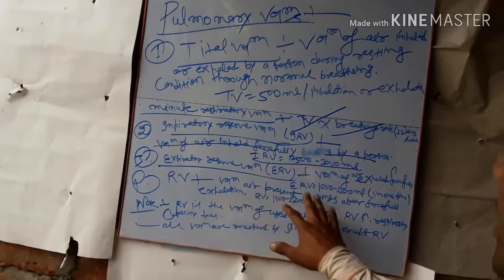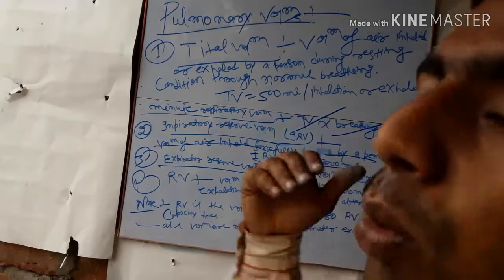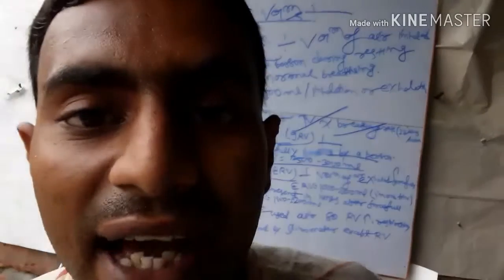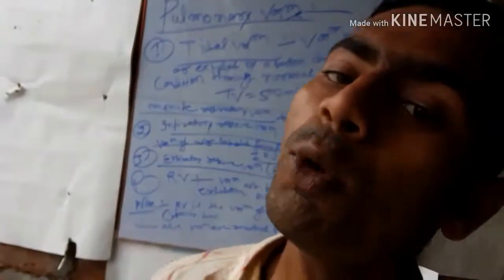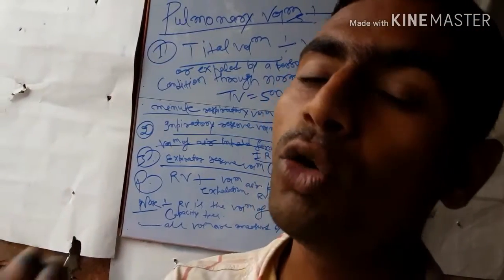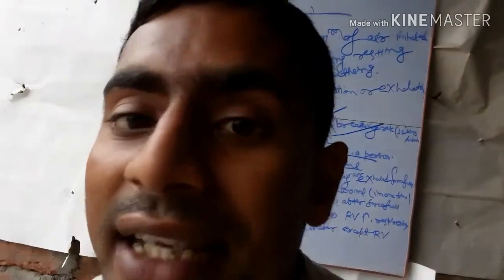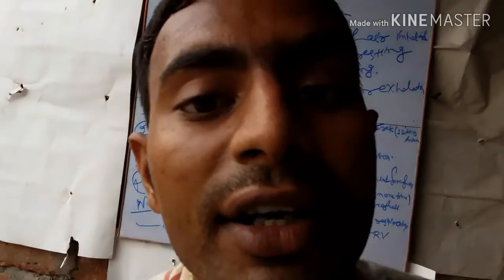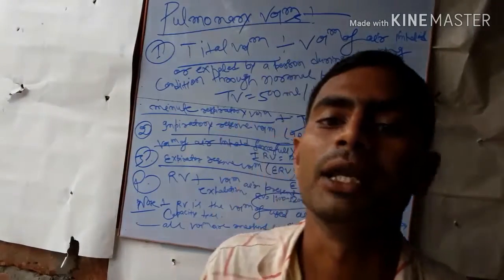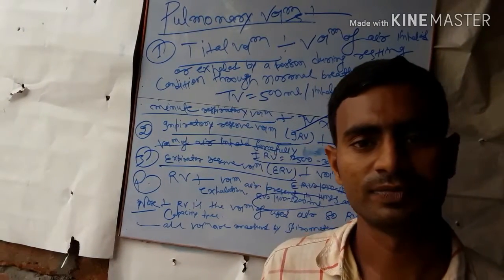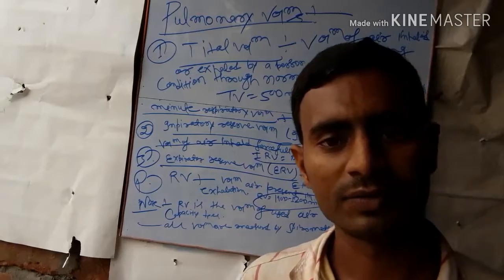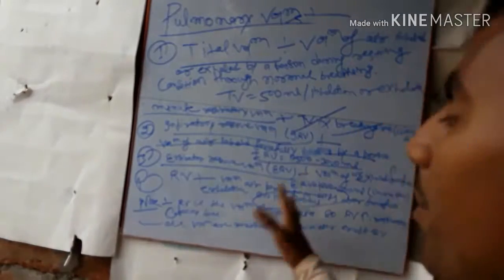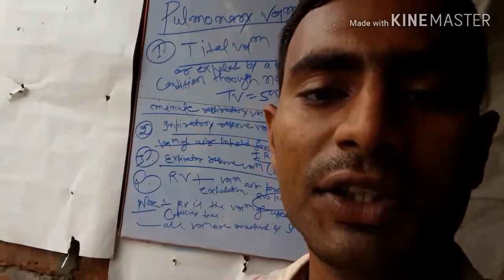Volume of air present in the lungs after forceful exhalation, that is the residual volume, and that amount is 1100 to 1200 milliliter.